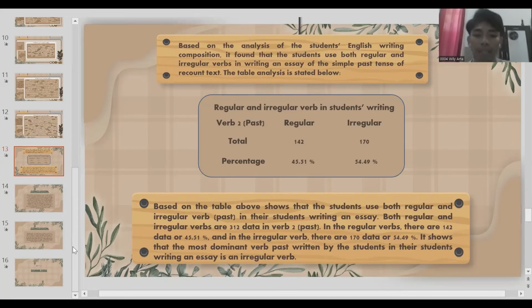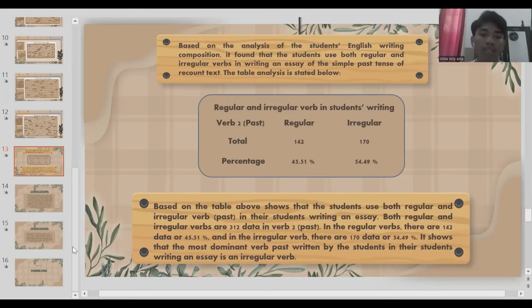Based on the table above, the students use both regular and irregular verbs in the past in their essays. Both regular and irregular verbs total 312 data in verb 2 or past.